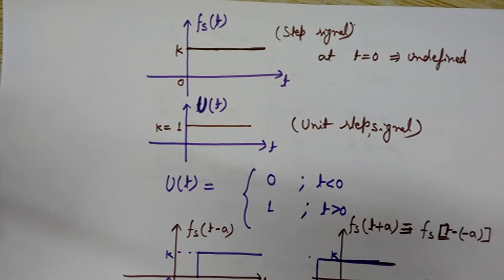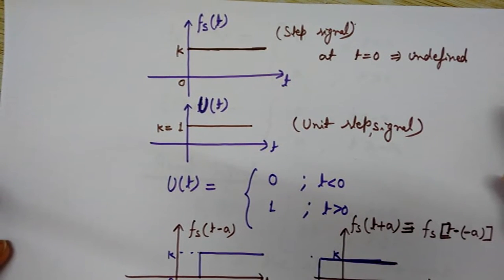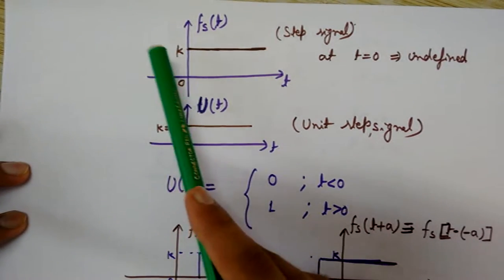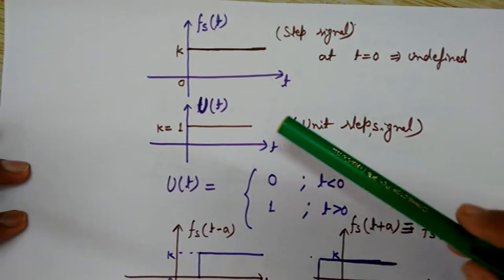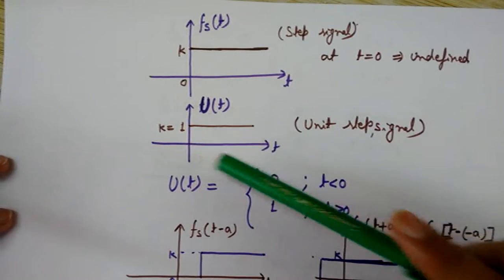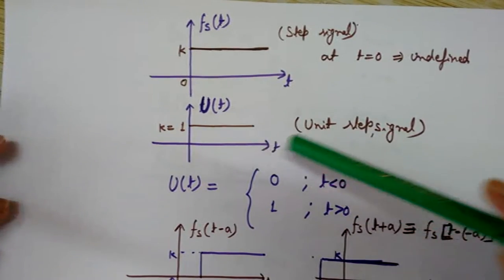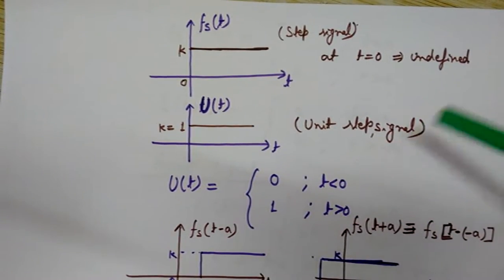So this was the step signal. Now we will see the unit step signal. So what is a unit step signal? If we put the value of k equal to 1, the unit value, then it will be called a unit step signal.